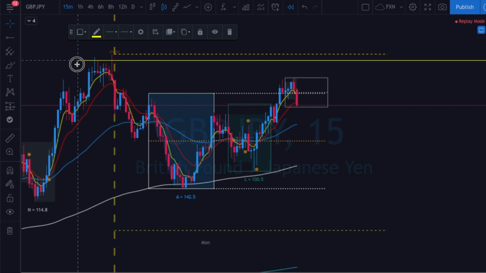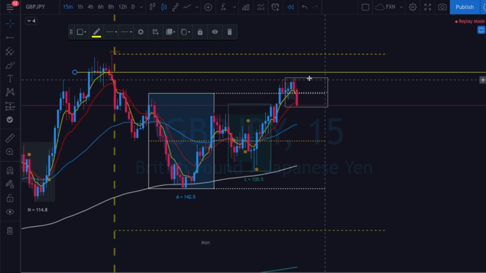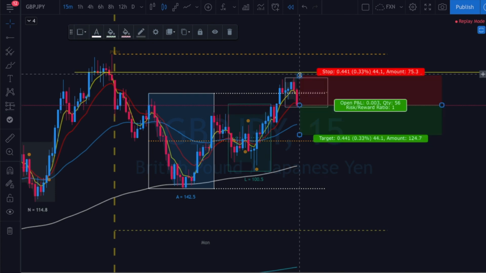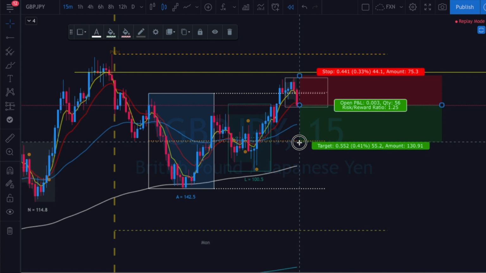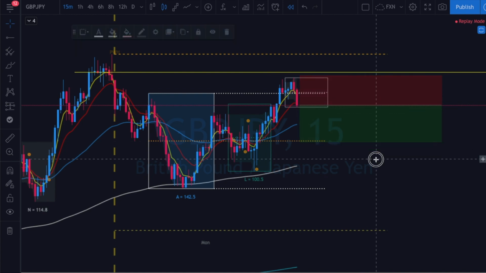If we go candle to candle, we're pretty close to that. Let's say, what's the risk versus the reward of taking a trade like that? 44 pips of risk to get 55, let's say, just to get to the middle of the range, right? So basically like a 1-to-1 risk to reward ratio.